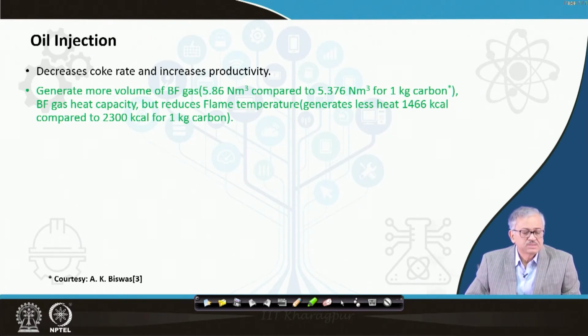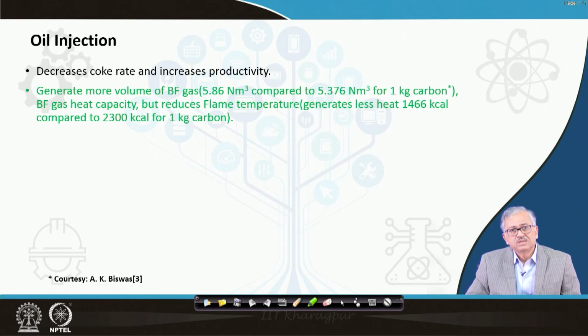So, blast furnace gas heat capacity increases, because more volume means more heat capacity, but it reduces the flame temperature, because it also generates less heat. You can see it generates 1466 kilocalorie compared to 2300 kilocalorie if you burn 1 kg of carbon. So, it generates much less heat. As a result, it decreases the flame temperature.